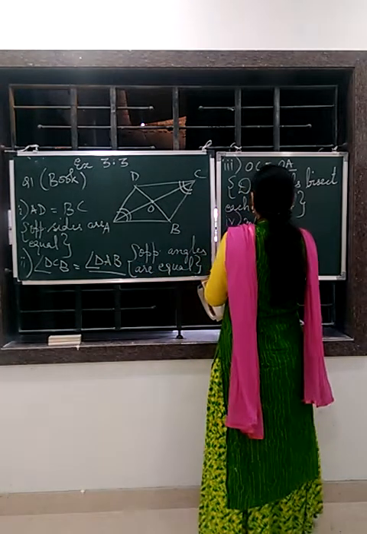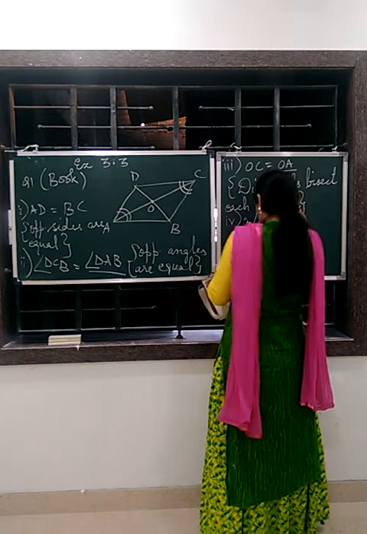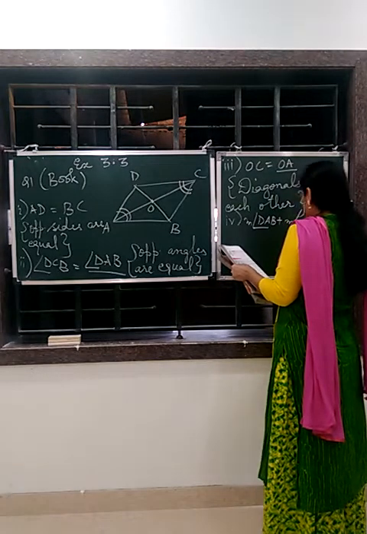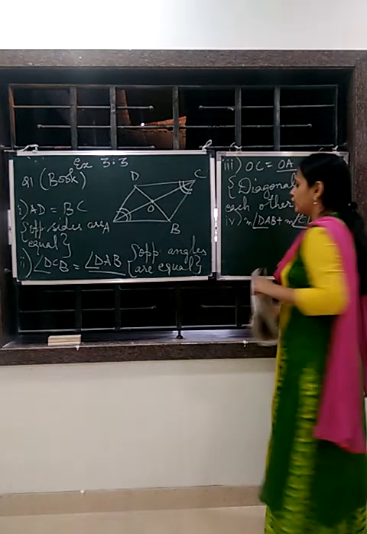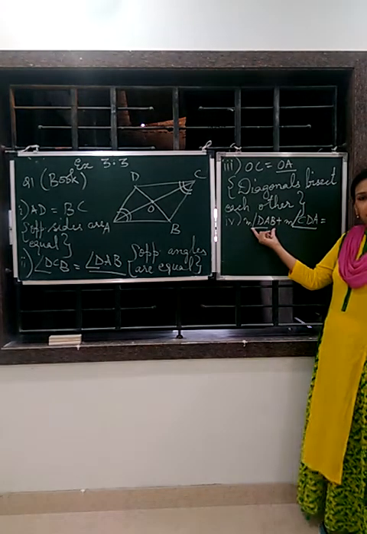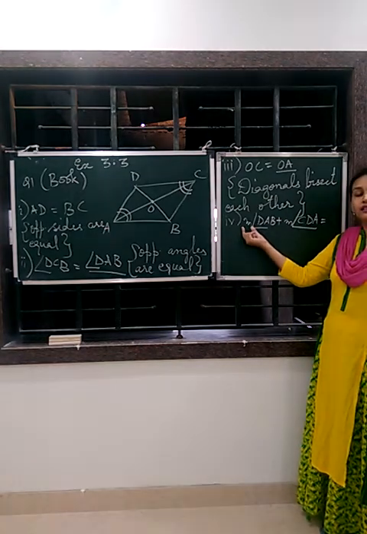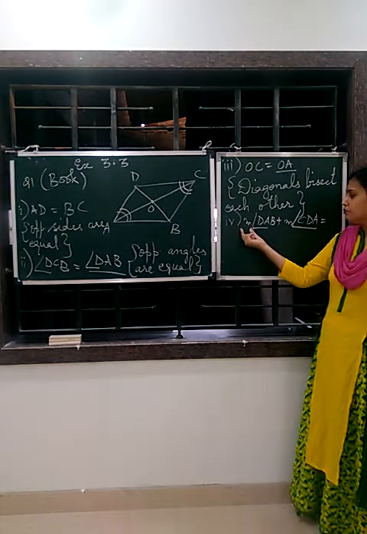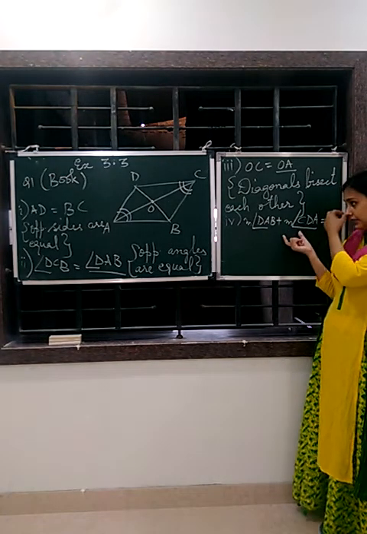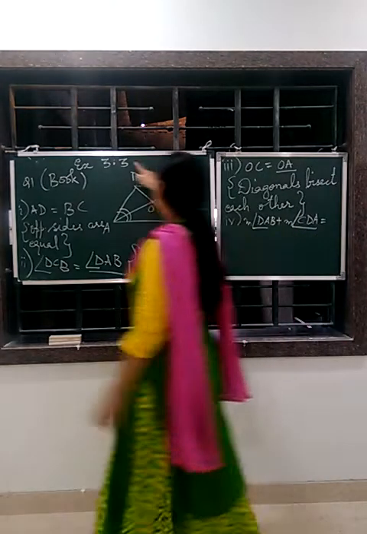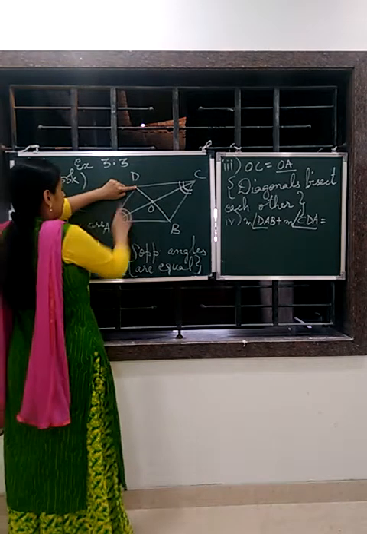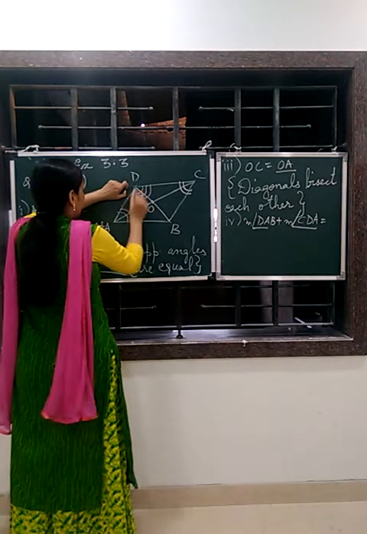Then the fourth one. Measure of angle DAB plus measure of angle CDA is equal to dash. This small m, whenever you see a small m before the name of the angle, denotes the measure of the angle. So measure of angle DAB plus measure of angle CDA. This angle plus this angle.